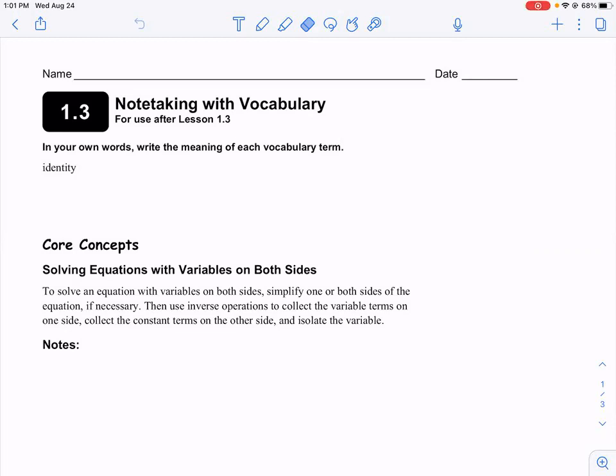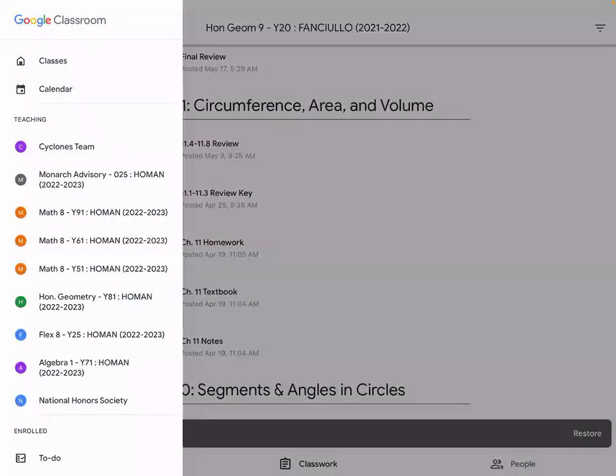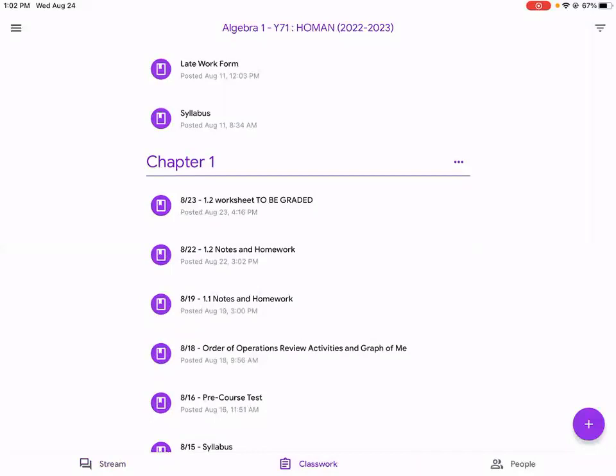You should have turned in the 1.2 homework assignment. If you did not turn it in, then when you turn it in, hopefully tomorrow or the next day, you will not only fill out this paper and staple it to your homework, but you will also go to Google Classroom under algebra, and in the classwork, the late work form.